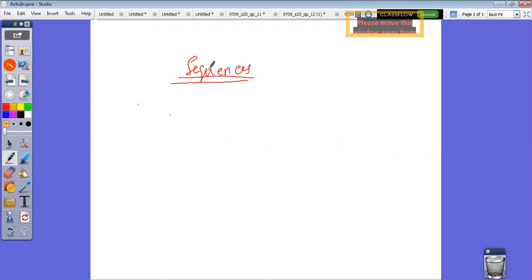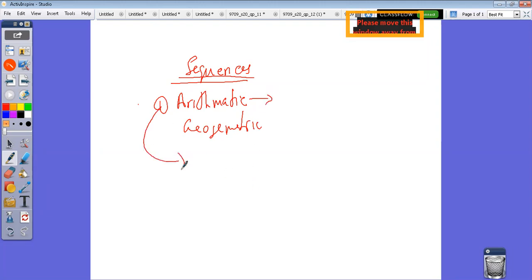So, in your syllabus, you have two types of sequences: arithmetic and geometric. We'll start with this, then we'll look at the exam questions later.